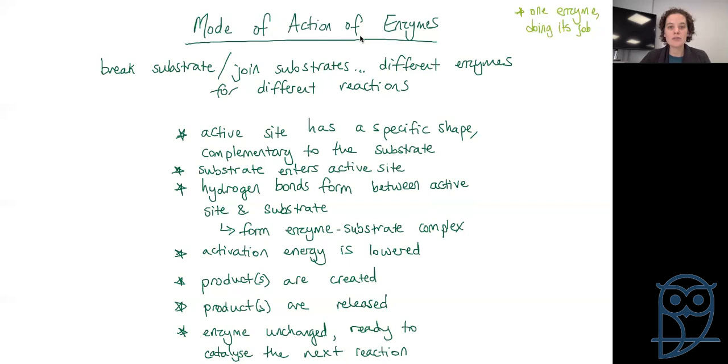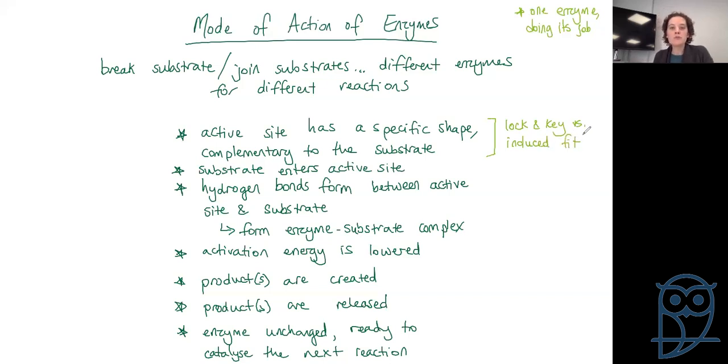There are a few things to add around the side, which you could build in depending on your question. We talk about the enzyme active site being a specific shape and complementary to the substrate. Here we can also add in a little bit about our lock and key and our induced fit.